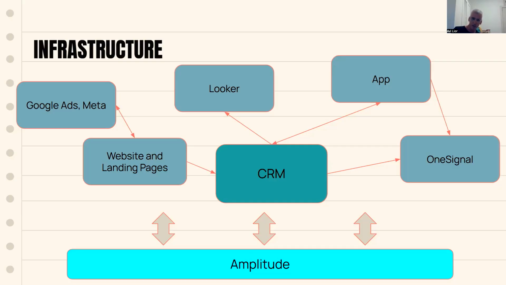Another option is synchronizing from Amplitude to the CRM. For example, one of our clients, an online trading platform, has a call center. In Amplitude, according to some analysis charts, I can see that some users are bound to churn, meaning someone needs to do something about them.